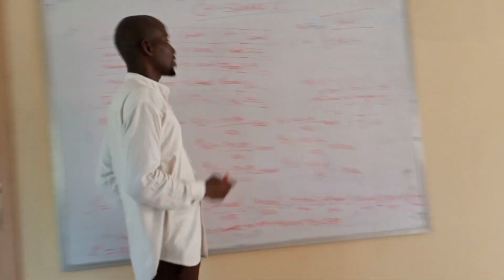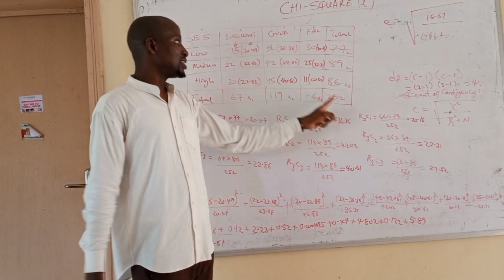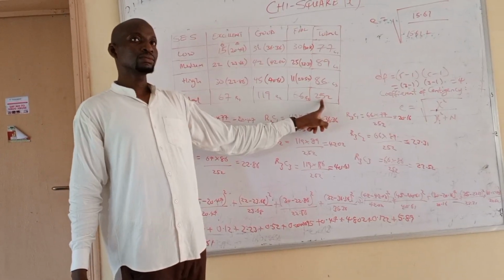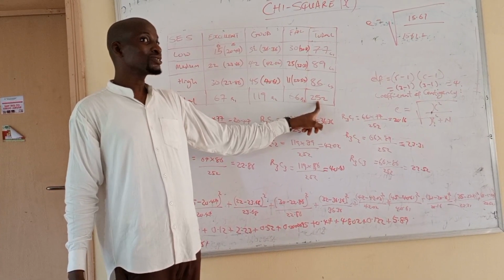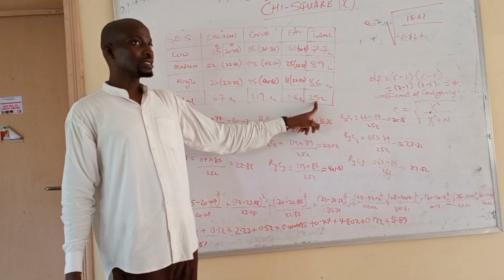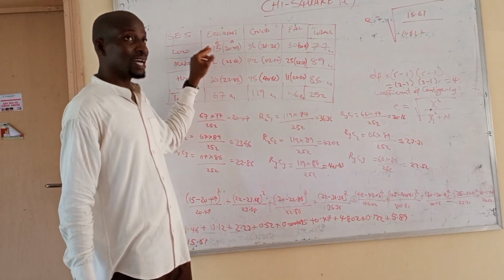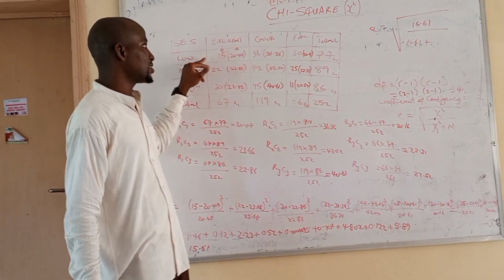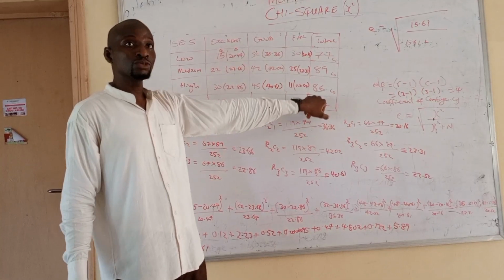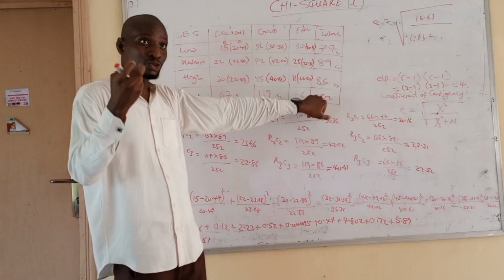What's our n? This is where you have to take notes. Our n is what? 252. Is our n 252? This is the grand total. You will now know how many students are here. So our n is 252. That means you are looking at 252 students.